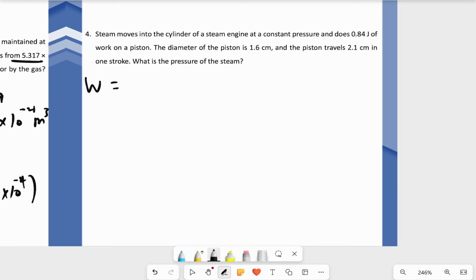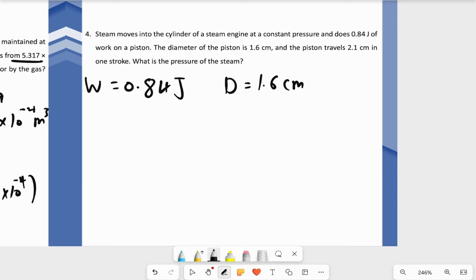Work is equal to 0.84 joule. The diameter of the piston, so we have diameter, which is equal to 1.6 centimeters. I'm going to write this D in capital because you'll be having another quantity too.